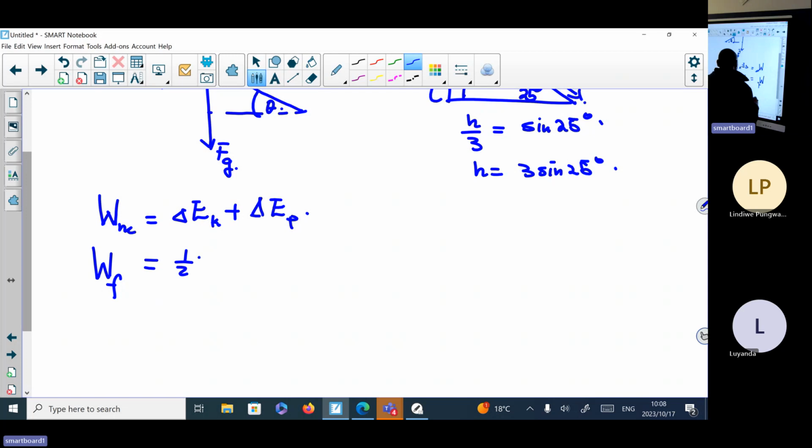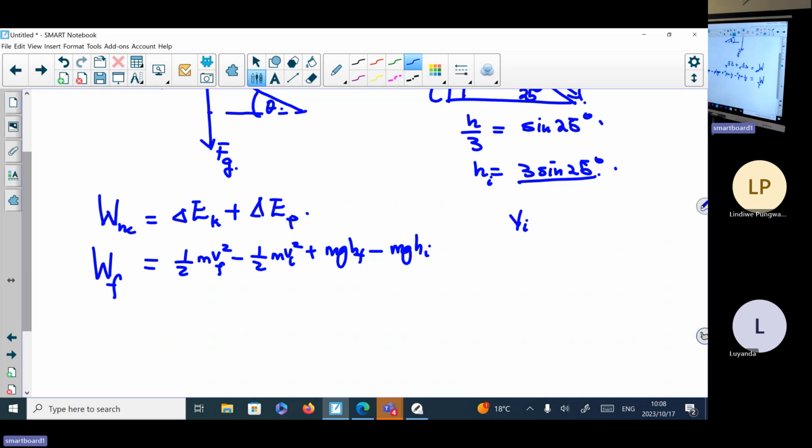And remember what I've said to you, this is the change. Notice the patterns. So at the top of the ramp, this is the initial velocity and that is the initial height. We're just going to copy this as it is.